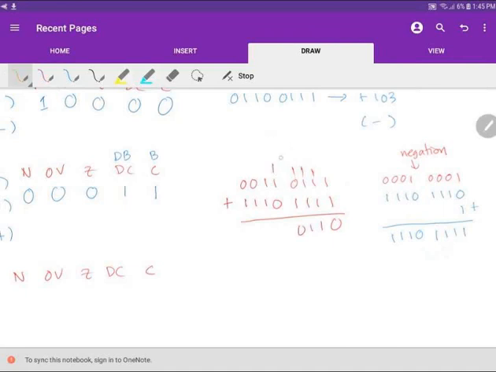So do you see that you have a digit carry? 0111 1111. So do you see that you have a carry? Oops, I wrote in that color.